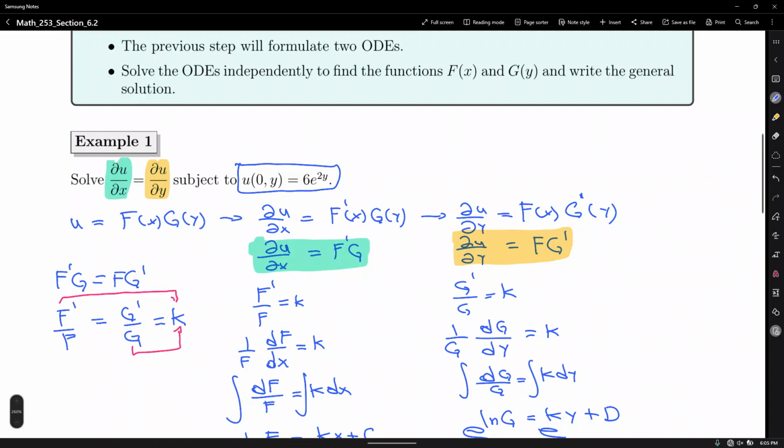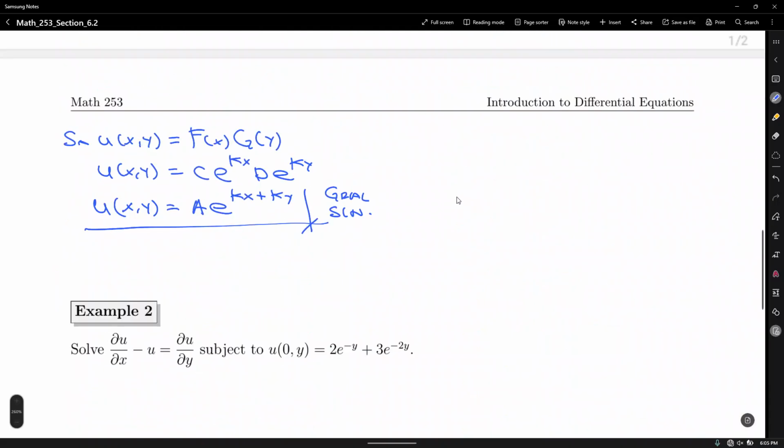Okay, now check this out. Let's do it. With u(0, y) equals 6e^(2y), what do we do? Again, go to your general solution and evaluate at (0, y).